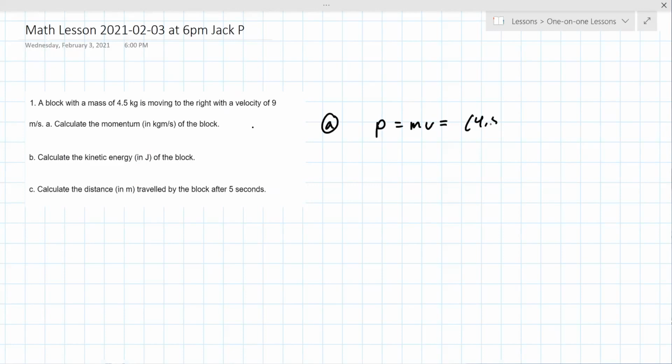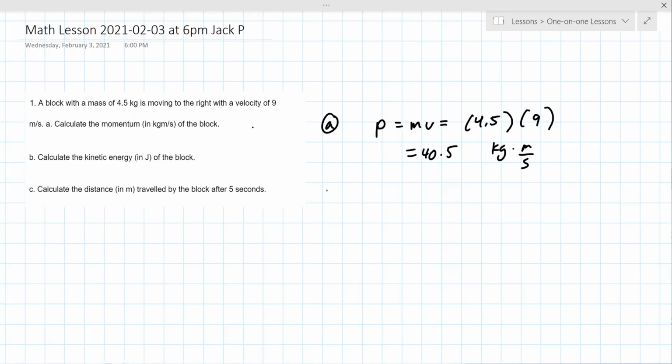The mass is 4.5, the velocity is 9. So grab my calculator. I encourage you to do the same. 4.5 times 9. So it's 40.5 kilograms times meters per second.